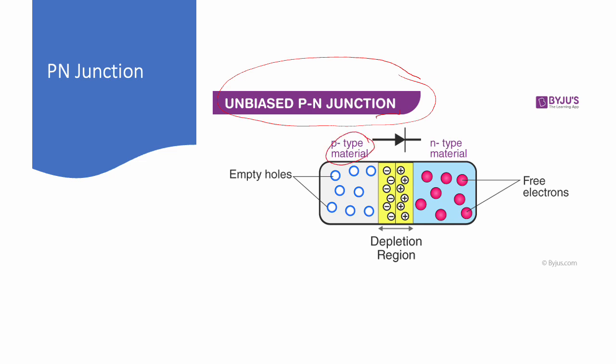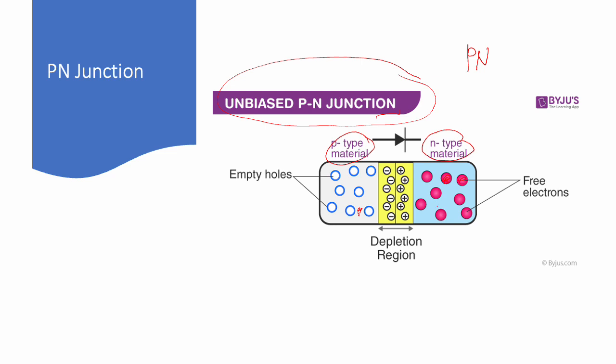When a p-type and n-type semiconductor are brought into contact to form a p-n junction, electrons from the n side, the negatively charged particles, and holes from the p side begin to diffuse across the junction due to their concentration gradients.